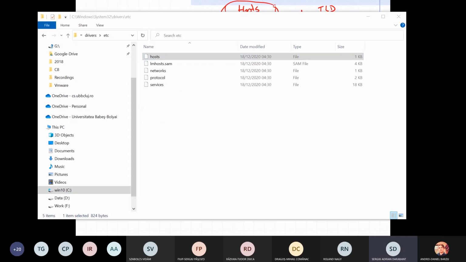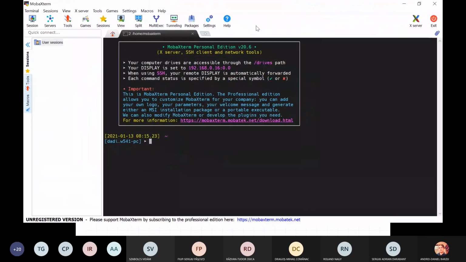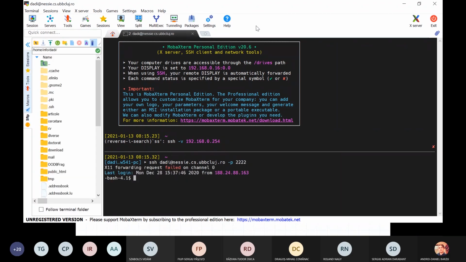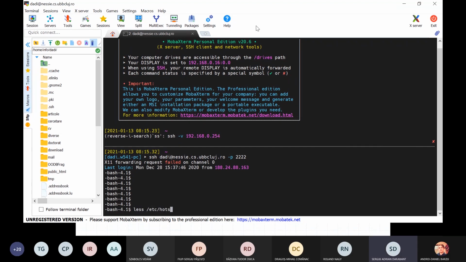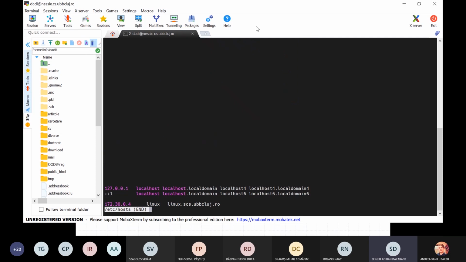And there is one on Linux as well. There is an etc hosts file on all Linux systems, and it has the same structure, IP to machine names correspondence.